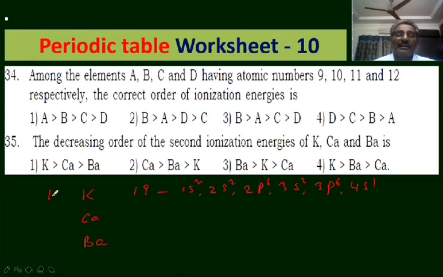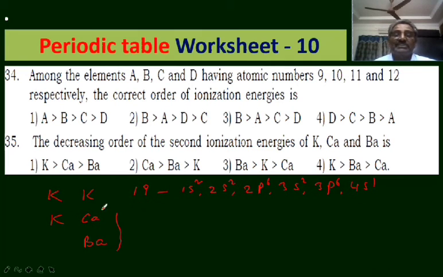Potassium is an alkali metal, and calcium and barium are alkaline earth metals. Calcium and barium belong to the same group. When we move from top to bottom, the ionization energy gradually decreases. That means barium has less ionization energy compared to calcium.